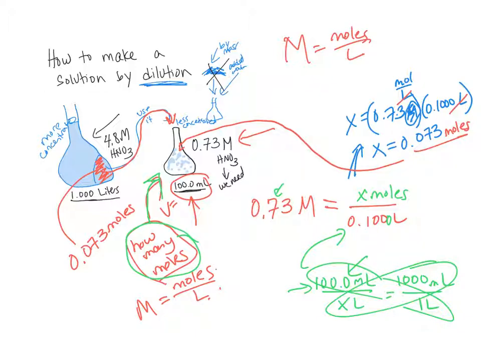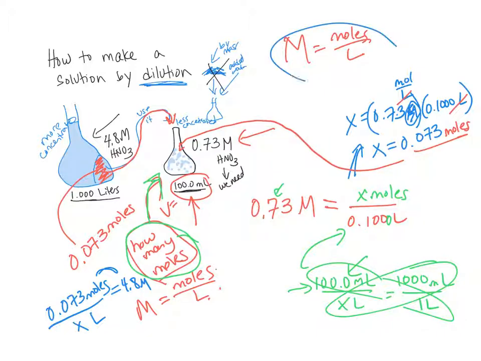So on this side, if I need to take out 0.073 moles, and I know that my molarity is 4.8 molar, I can use the relationship between these two to calculate how many liters I would have to take out.